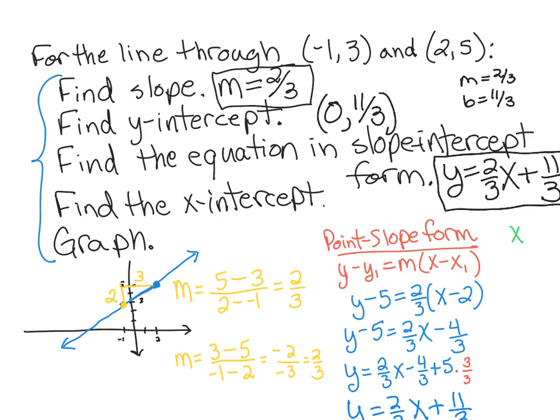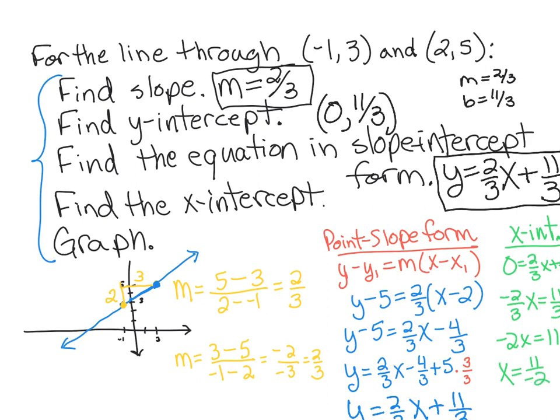So for the x-intercept, I'm going to plug in 0 for the y, 2/3 x plus 11/3. Move this guy over. I'm going to multiply by 3 and divide by -2.